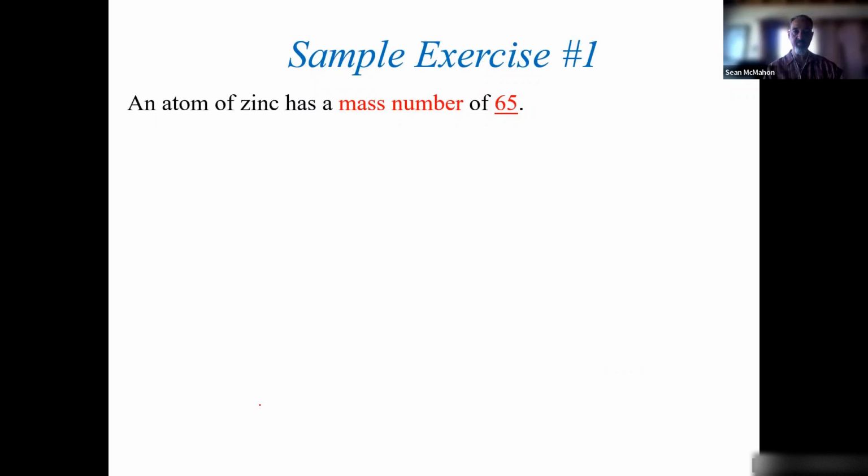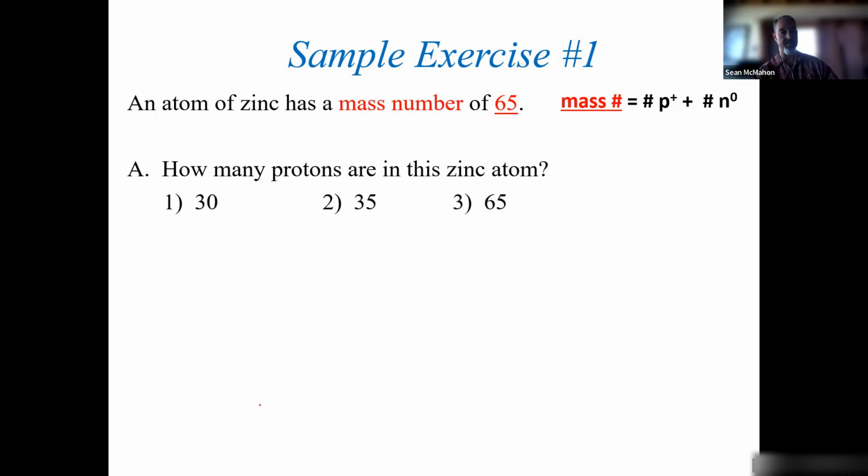So an atom of zinc has a mass number of 65. Remember, mass is the number of protons and neutrons. How many protons are in the zinc atom? Now, we don't need to do a subtraction. All we need to do is go to the periodic table and find the elemental symbol for zinc, which is Zn.